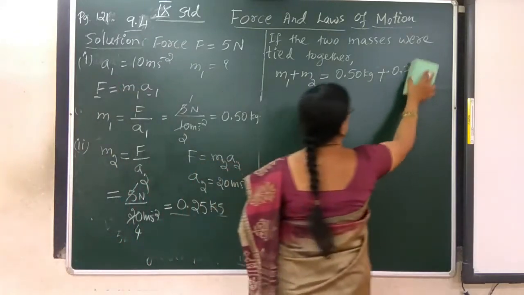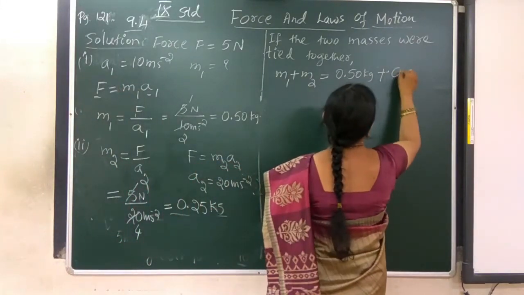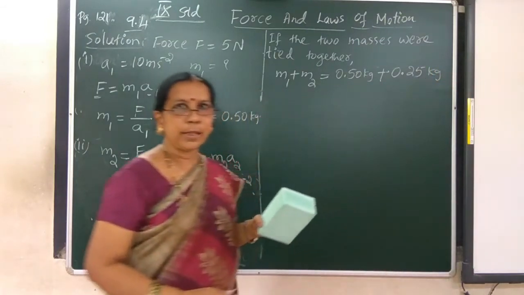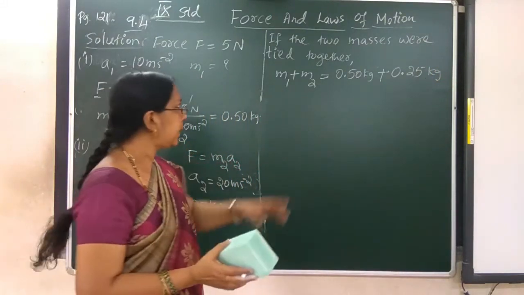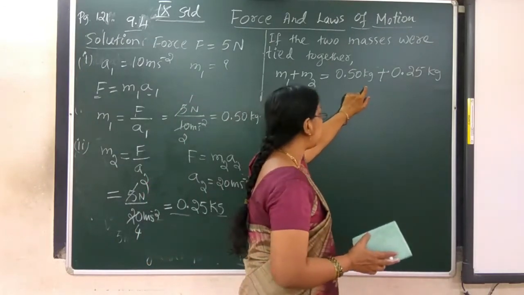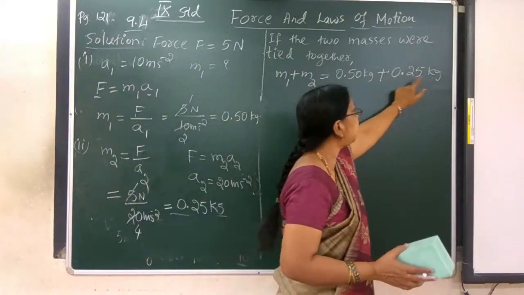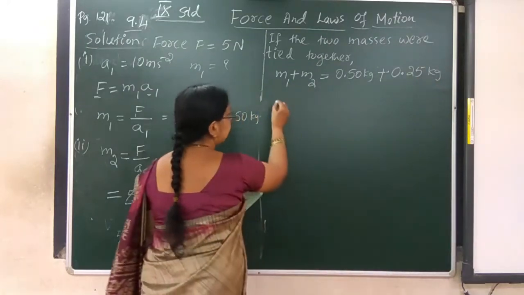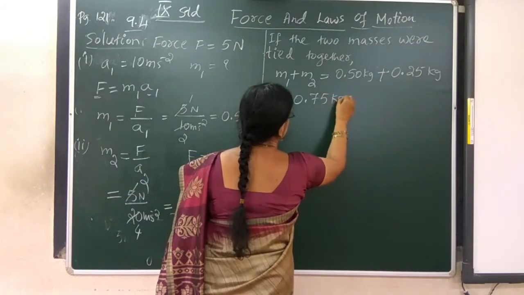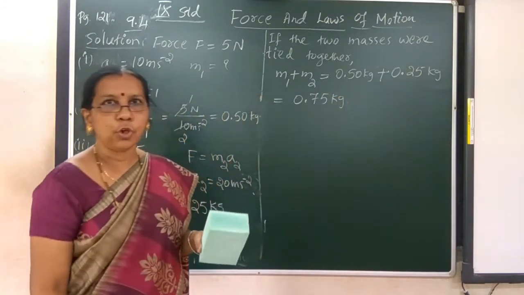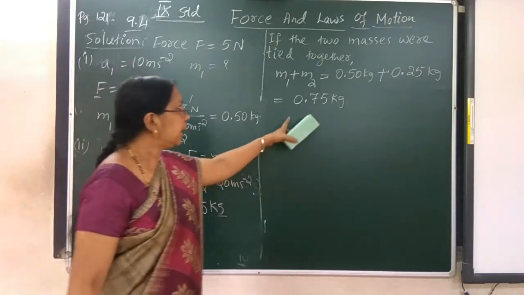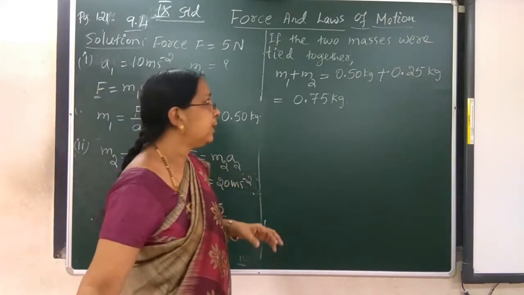Sorry children, I said 0.75 earlier, but m2 is 0.25 kg, very sorry. So when two masses are tied together, m1 plus m2 becomes 0.50 kg plus 0.25 kg, equal to 0.75 kg. And now you got the combined mass.